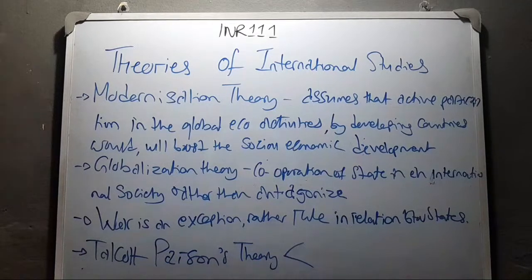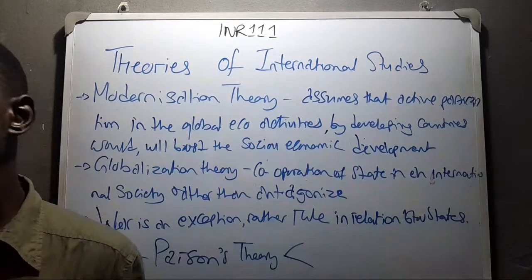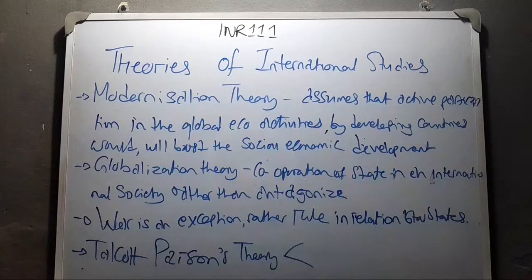Now this theory, according to Talcott, says that if societal equilibrium is to be determined, I would say equilibrium is the point at which two perpendicular lines meet.